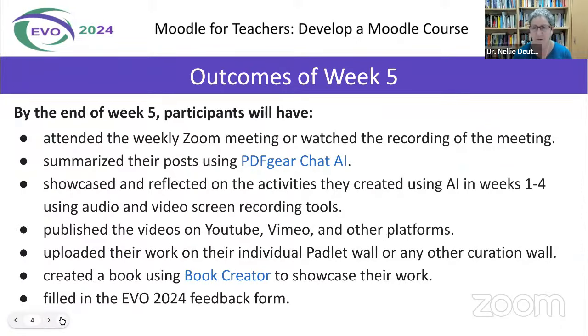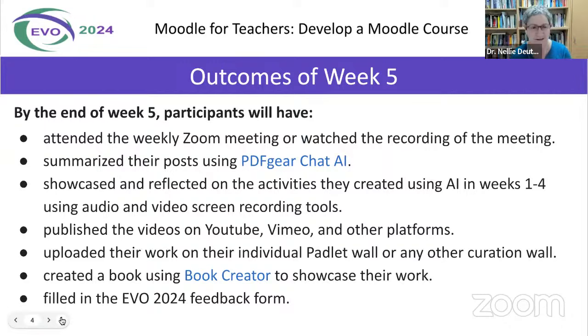A little bit about week 5. Let's take a look at it. By the end of the week, you will have done the following. Attended, as you are right now, attending this live event, if you're here on Zoom, or whether you're watching the streaming on YouTube or the recording in the course, or on YouTube, of course.